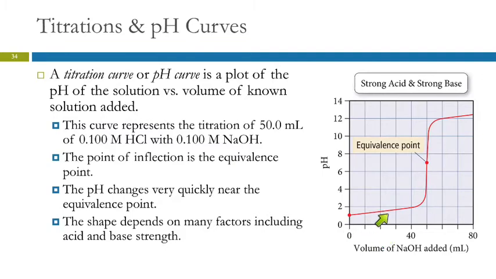At the beginning, it changes very little. At the end, it changes very little, but near the equivalence point, it changes dramatically. And that's why when you're adding one drop, it can just change like that, because one drop is a lot at the equivalence point. Now, the shape of the actual curve depends on the strength of the acid and the base, concentrations, things like that.